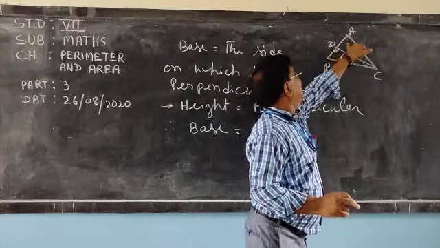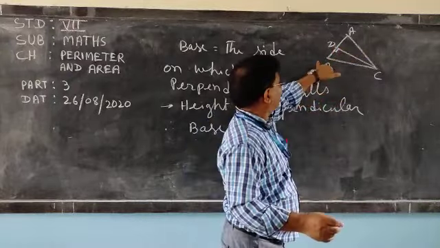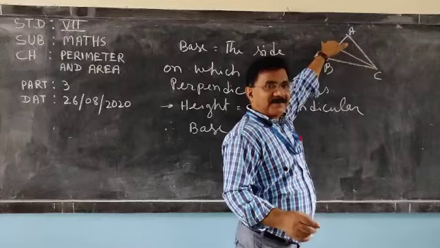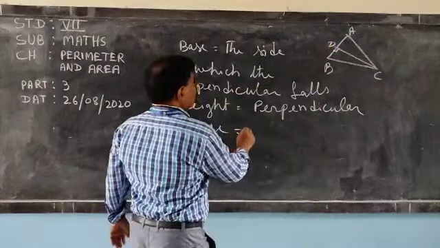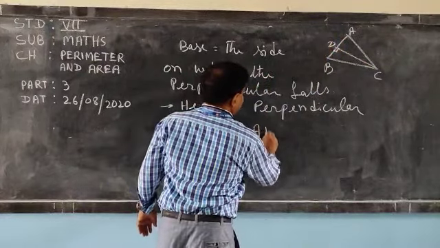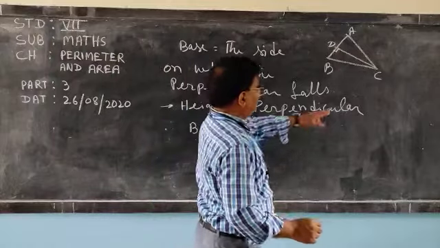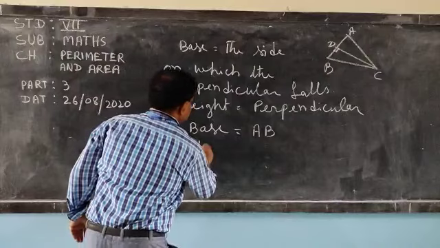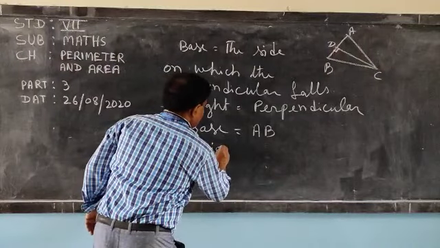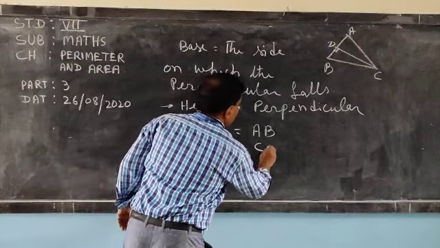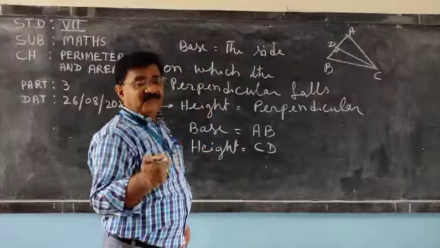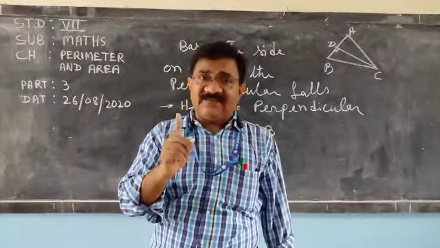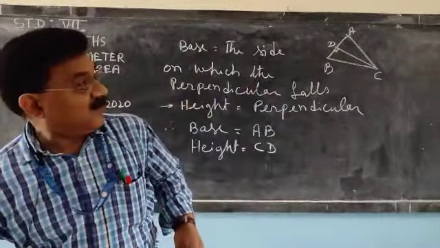No. Base will be AB, because this is the side on which the perpendicular falls. So base will be AB and height will be CD. So there will be no confusion about which one is the base and which one is the height.